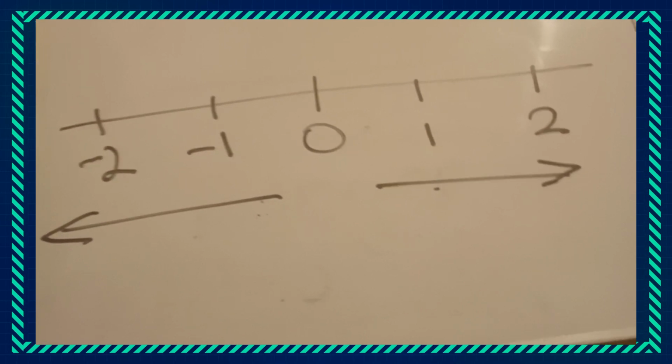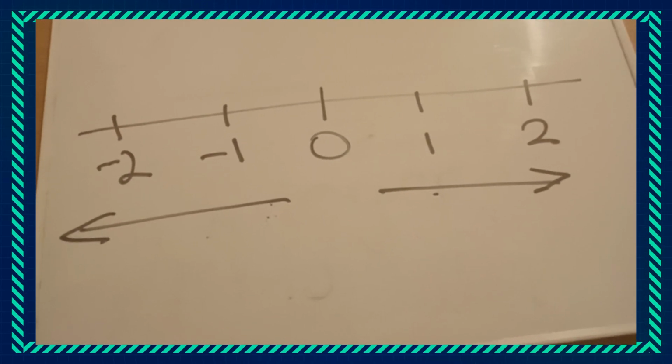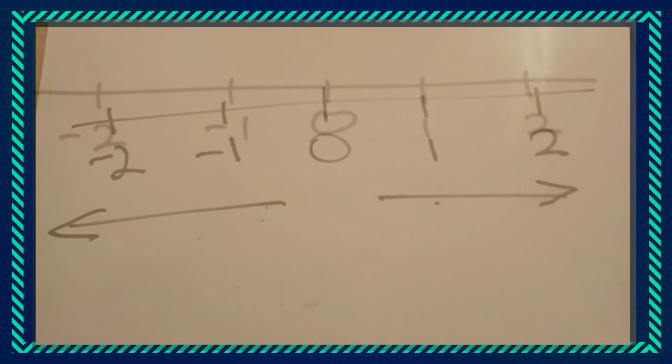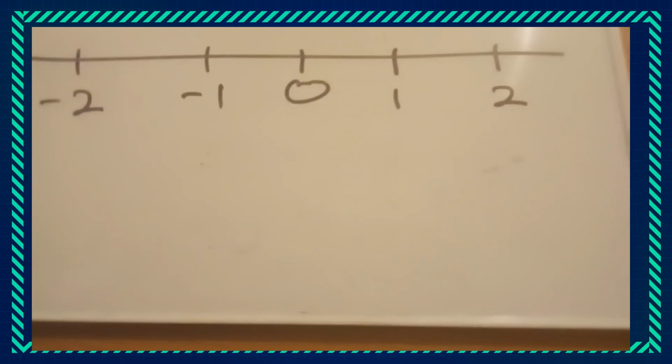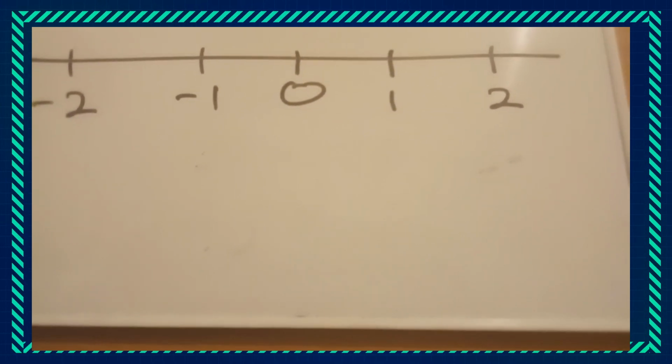So what is an integer? An integer is a whole number. On the number line, numbers to the right of another number are always larger.